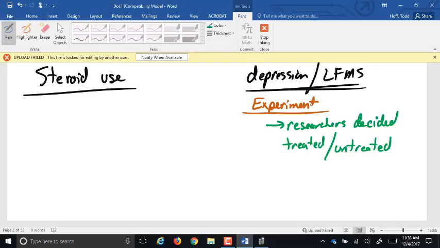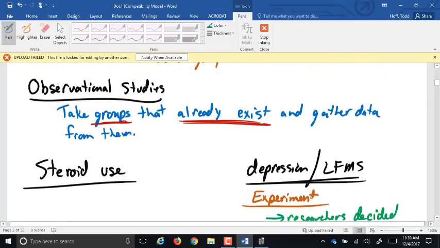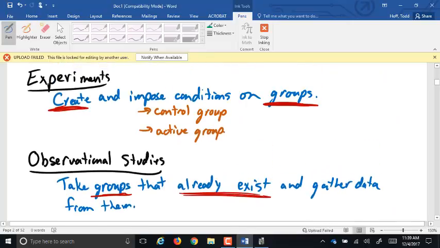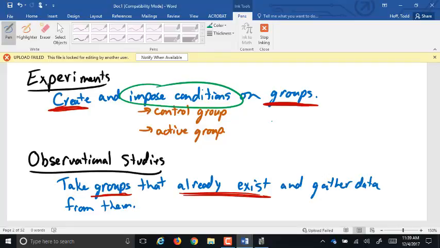So the researchers created those groups. They imposed the conditions of the study. That's actually a second thing that could be brought up here: in an experiment, the researchers imposed the conditions on those in the groups. In an observational study, those groups already exist. They have already imposed the conditions on themselves.